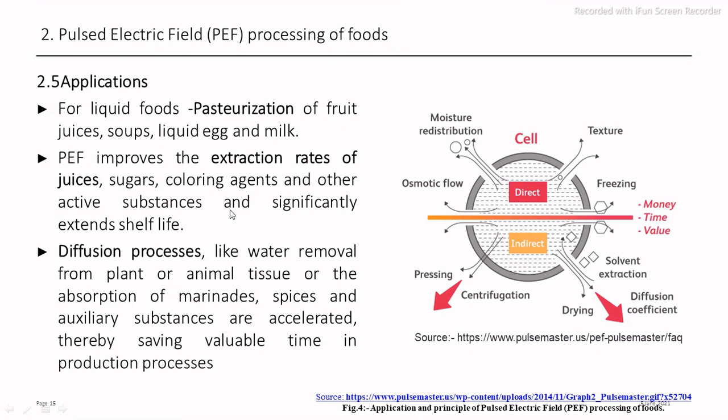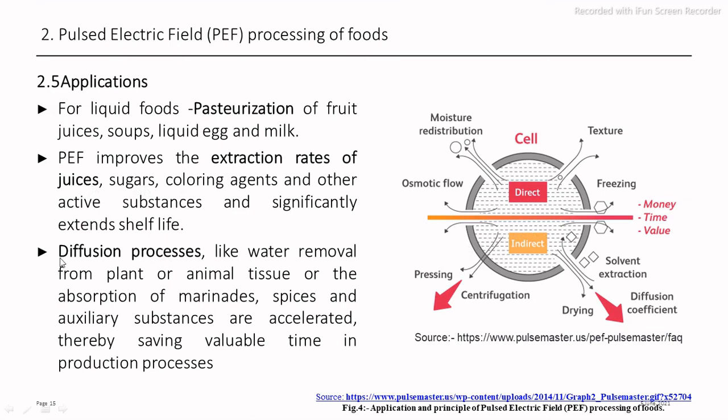First the pulsed electrical field treatment is carried out, and after that these substances are removed by pressing or related methods. That means the intracellular substances are easily removed from the cells due to the breakage of the cells.